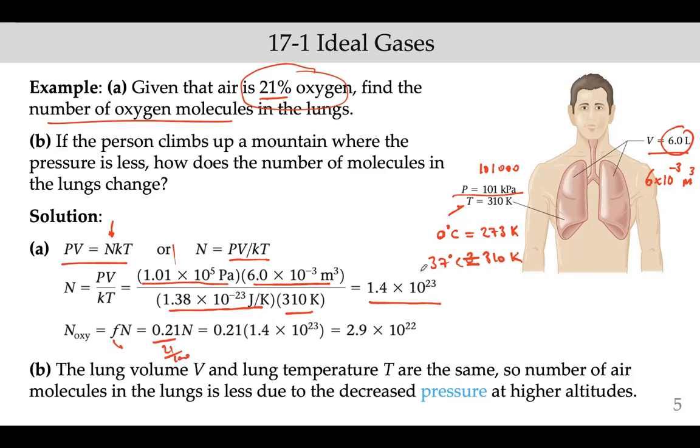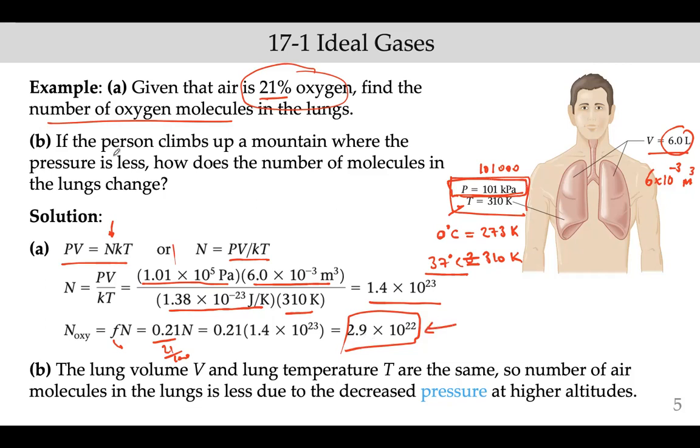If you do the multiplication, you find this, which is the amount of oxygen molecules in the lung given these conditions. The air temperature is 37 degrees Celsius, and this is the atmospheric pressure at sea level. So these are realistic values, and this is the number of oxygen molecules.